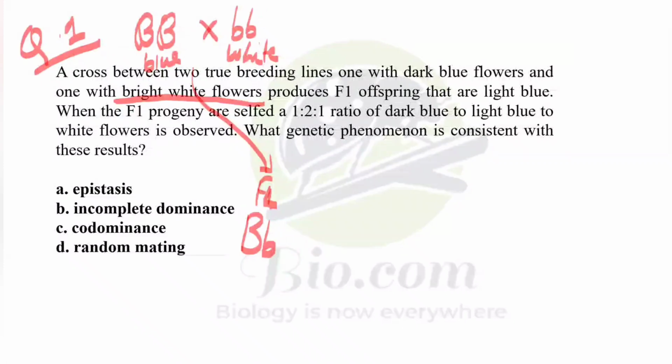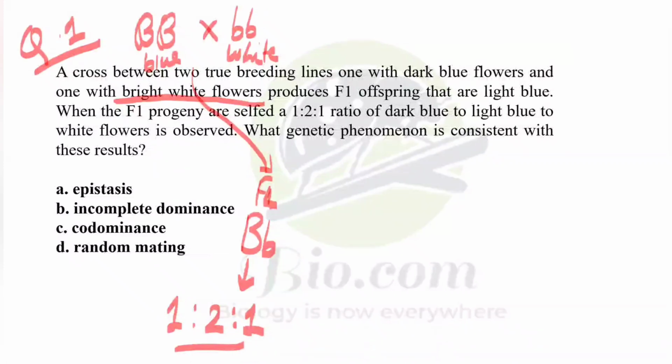Now, when the F1 progenies are selfed, a 1:2:1 ratio of dark blue to light blue to white flowers is observed. What genetic phenomenon is consistent with these results? So when the F1 offspring are processed to the F2 generation, a ratio of 1:2:1 was obtained.